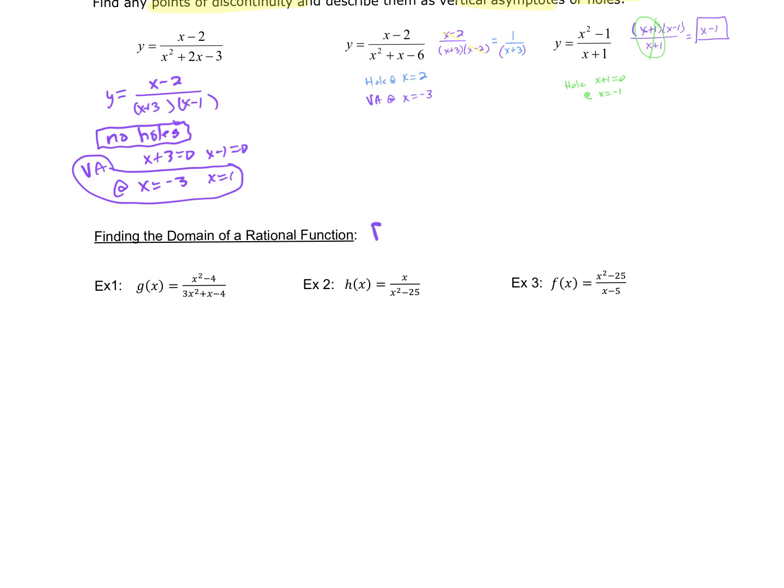So the directions here would be something about the domain or restrictions on the domain. And so we're still focusing our attention on what's going on in our denominator. But if it's asking to state the domain, then we're going to use interval notation to write out our final answer. So we've got some more factoring to do.